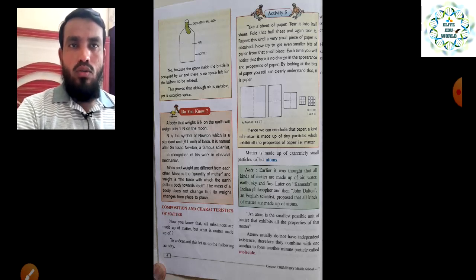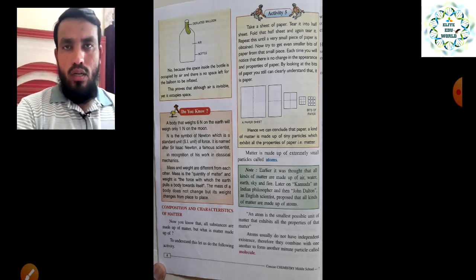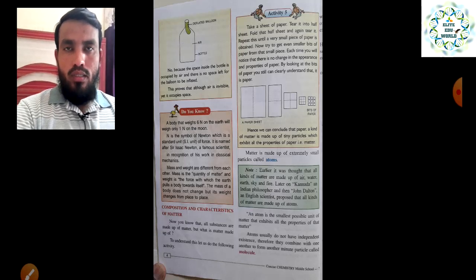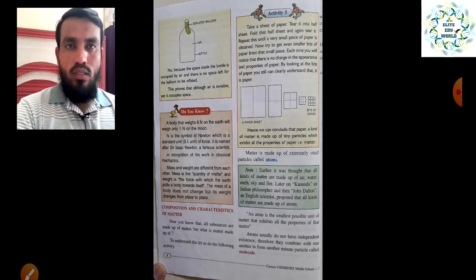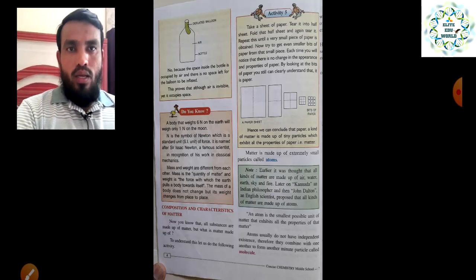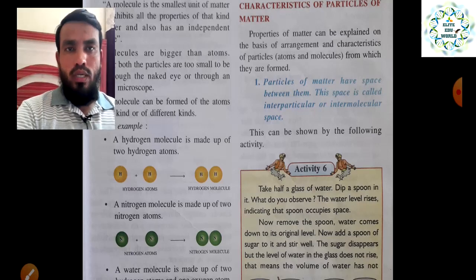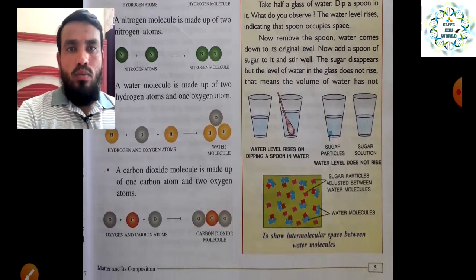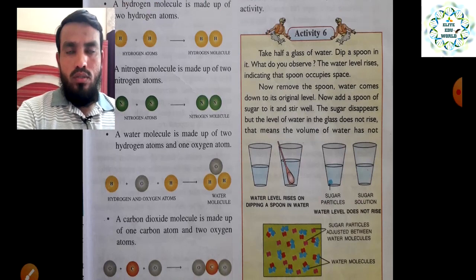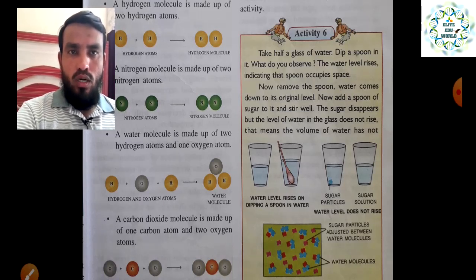So the smallest thing we have seen is the atom. An atom cannot stay alone, which is why it combines with other atoms, and more than one atom makes a molecule. The same kind of atoms can combine together and make molecules, and sometimes two different kinds of atoms can combine and make a molecule. Examples we have seen are the hydrogen molecule and the water molecule.